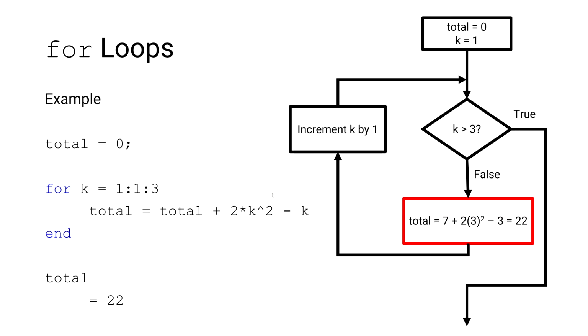And so now our new total is assigned the value of 22. And we increment k by 1 again, but this time k has a value of 4. Now this current value of our loop variable is in fact greater than our final or terminal value, and our loop ends. Now let's take a look at implementing this example in MATLAB.